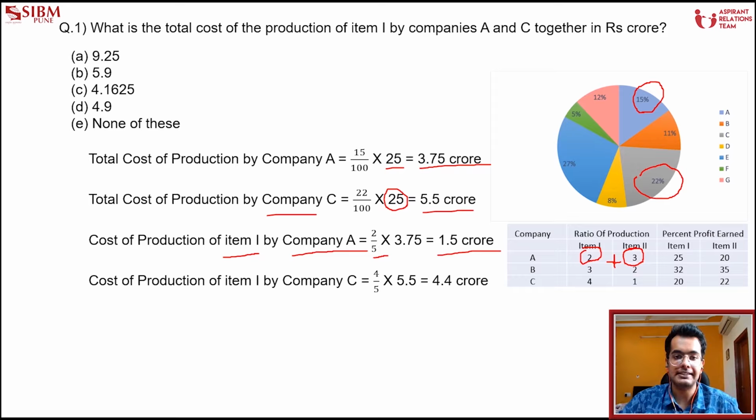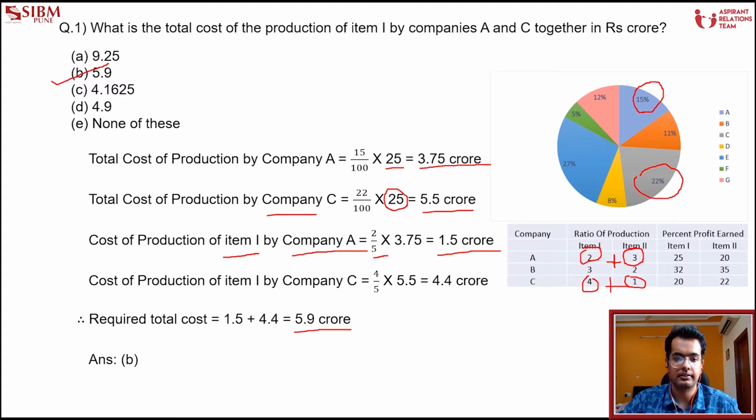Similarly, for company C the ratio is 4:1, so 4 plus 1 is 5, and since 4 is for item 1, 4/5 of 5.5 crores gives us 4.4 crores. Now we simply add these 2 values and we get the answer 5.9 crores, which is option B. So let's move on to the next question.